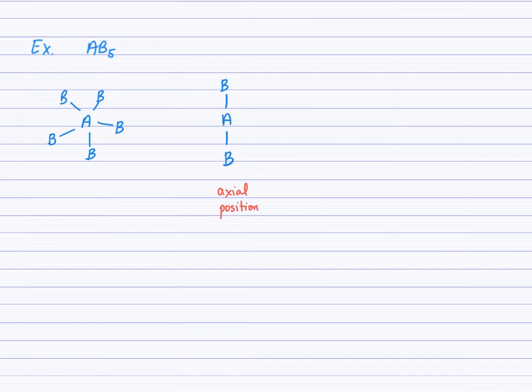So there are essentially 2 axial positions. Now, running around the center of the Earth is the equator, and that's essentially where the remaining 3 bonded atoms appear. So this is much like a trigonal planar structure from the side, at least these equatorial positions. And so that's what these are, the equatorial positions.